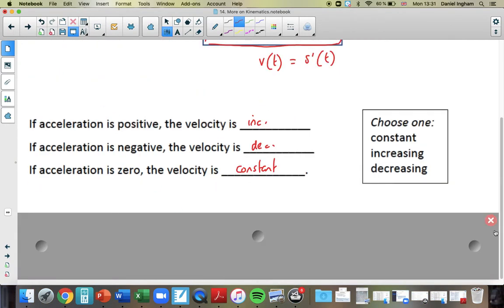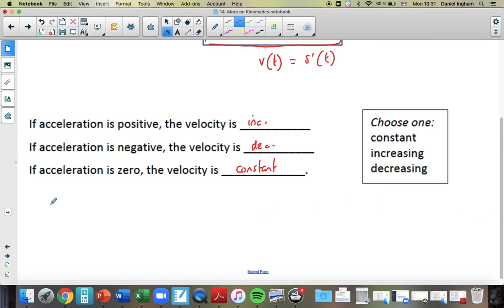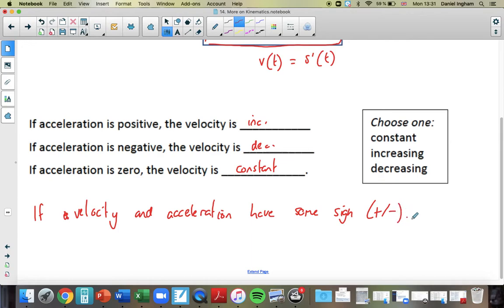So underneath here, I want you to make a note that if velocity and acceleration have the same sign, i.e. positive, positive or negative, negative, then the object is speeding up.